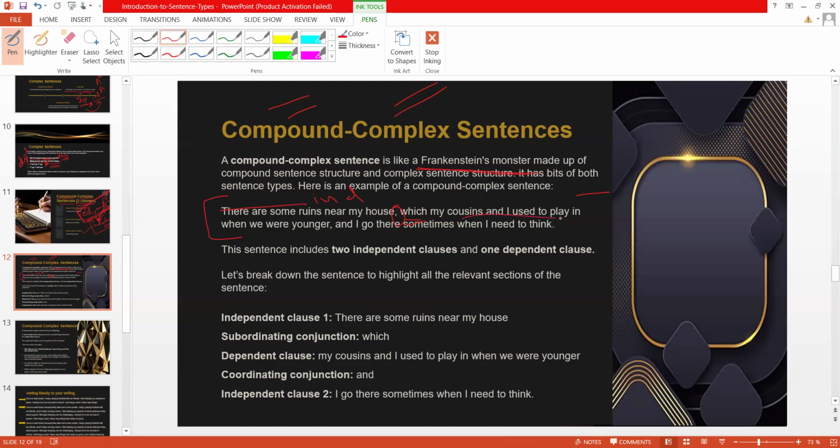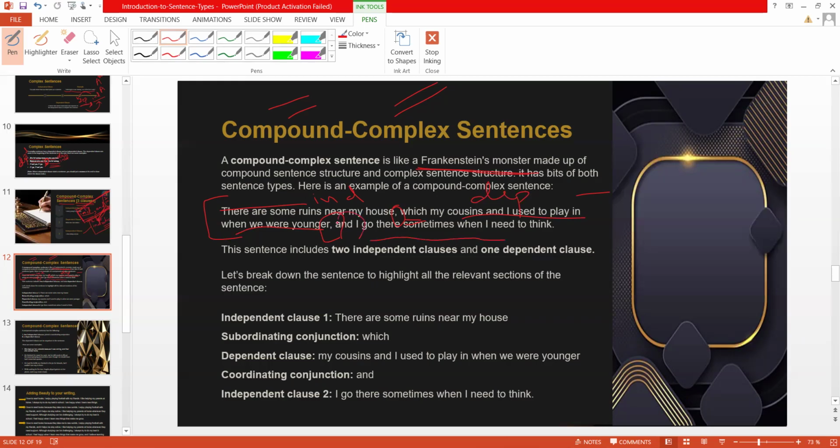My cousins and I used to play in when we were younger. This is a dependent clause, isn't it so? Again, a comma is placed to show that the clause has ended here. And I go there sometimes.